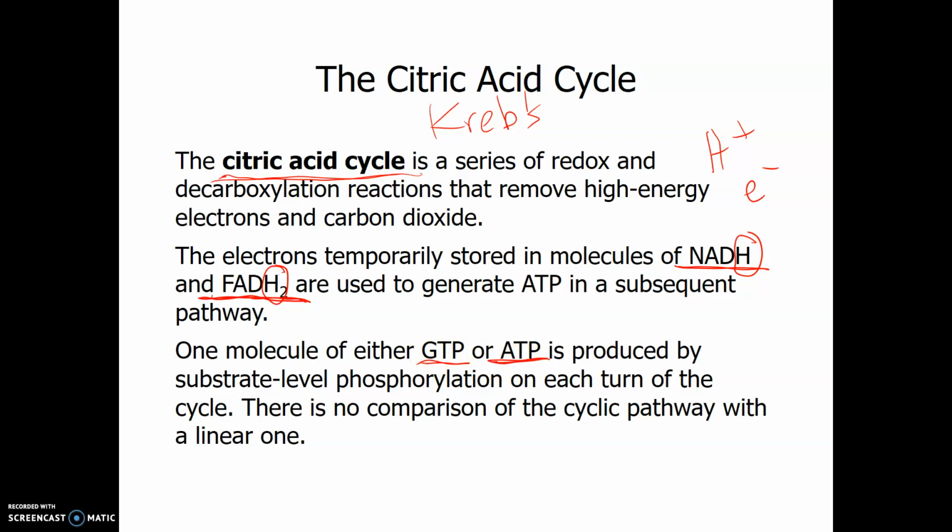They're both used for energy by cells. But there are 2 turns of the citric acid cycle because there were 2 acetyl coenzyme A's that were produced in the last step, the oxidation of pyruvate. So the 2 acetyl-CoAs means there are going to be 2 turns of the citric acid cycle.